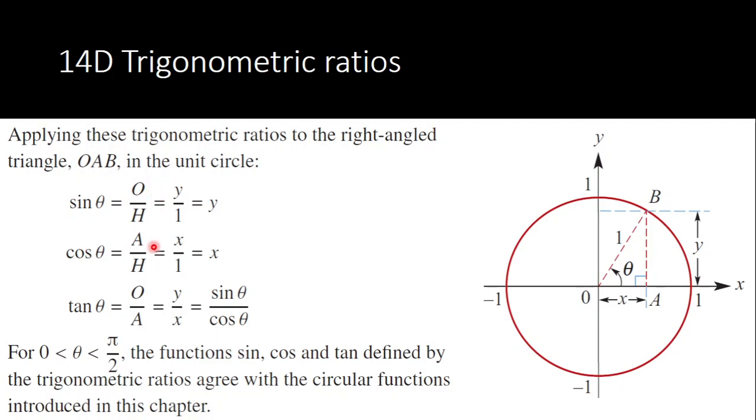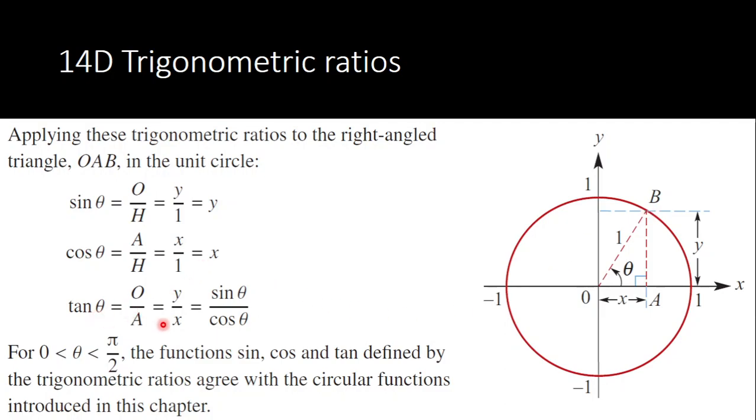We can simplify our trigonometric ratios. So sine, cos are x and y, which is what we had in 14b. They represent the coordinate of the point we named P before on the unit circle.